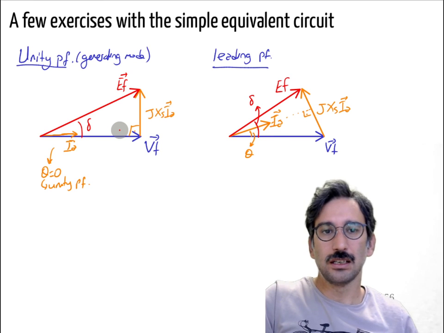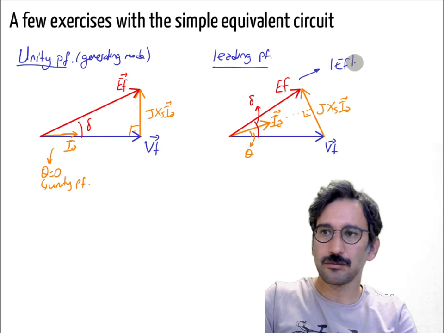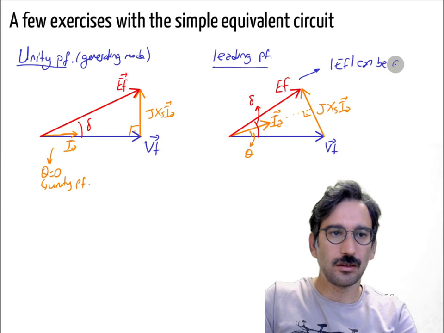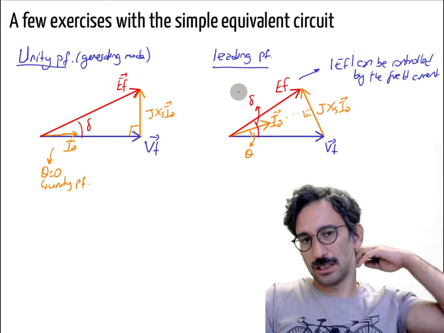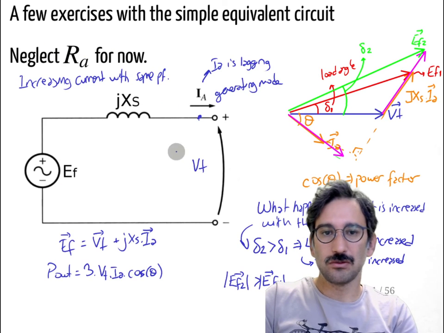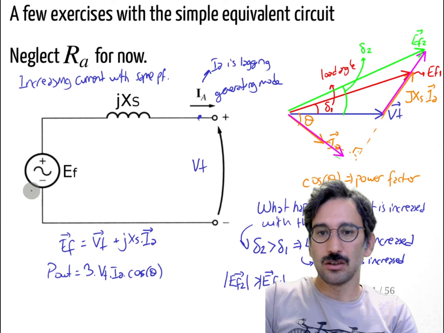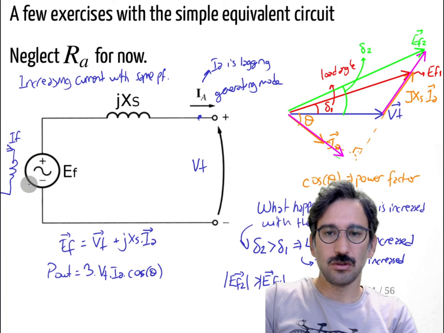So you can control, don't forget, the magnitude of EF by the field current. By controlling how much EF is generated, remember there is some IF here, so you are controlling EF.